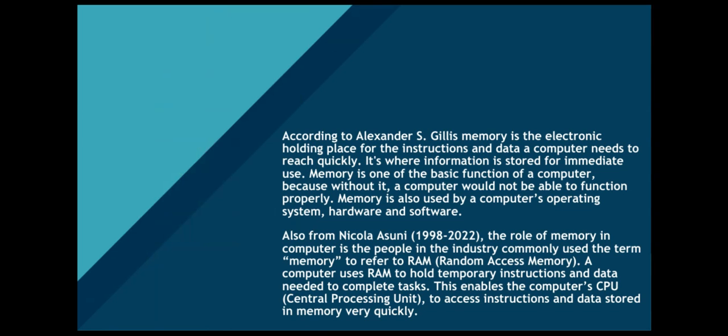A computer uses RAM to hold temporary instructions and data needed to complete tasks. This enables the computer's CPU, central processing unit, to access instructions and data stored in memory very quickly.